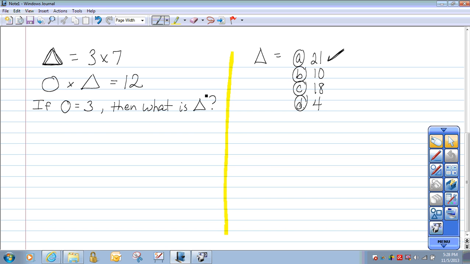Or what does the triangle equal? Well, 3 times some number is equal to 12. And we know that that number, or in this case the triangle, is equal to 4. Because 3 times 4 is equal to 12.